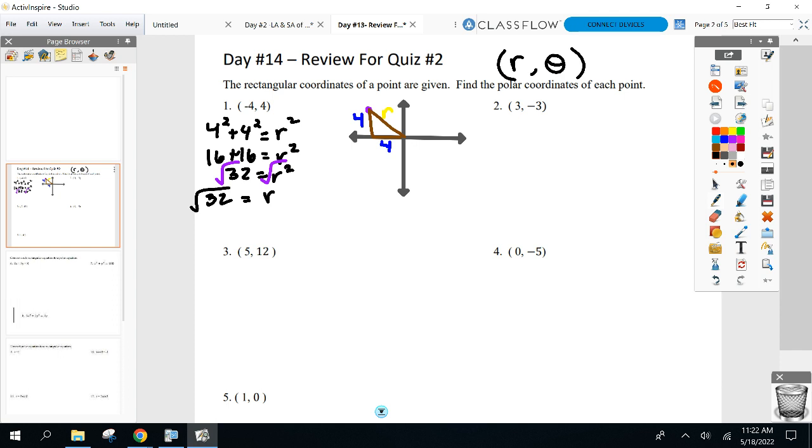How do I get the angle? Inverse tangent. So to get theta, I do tangent inverse. And again, not the best of problems, but opposite over adjacent. Opposite side over adjacent side will get this angle right here.